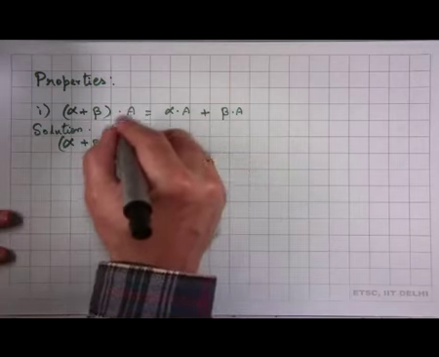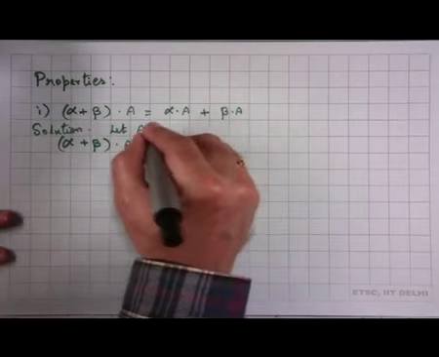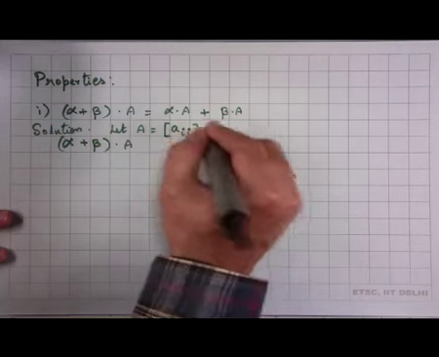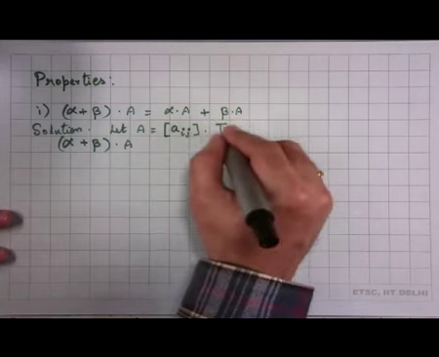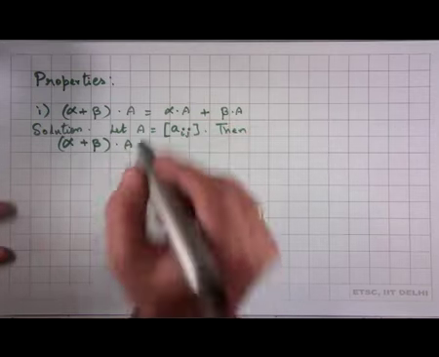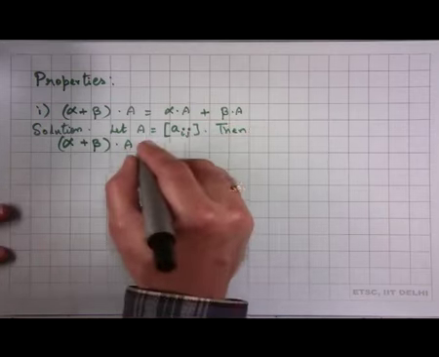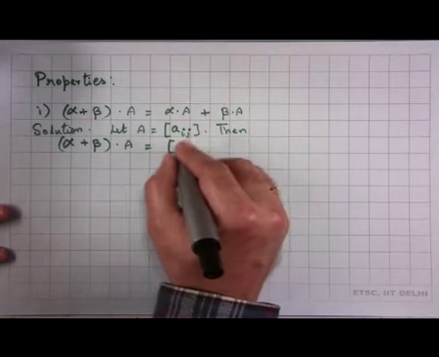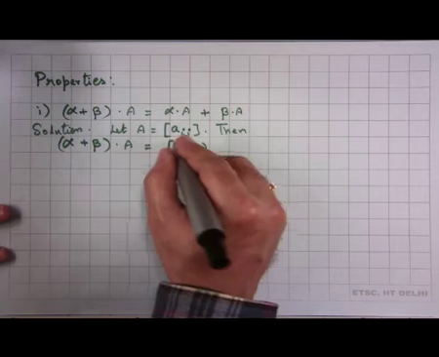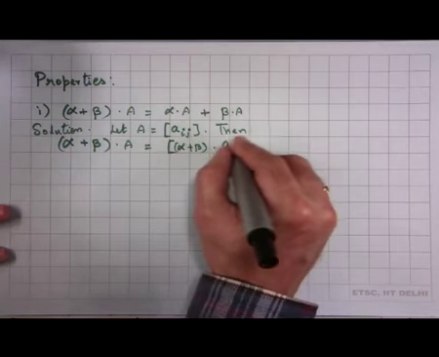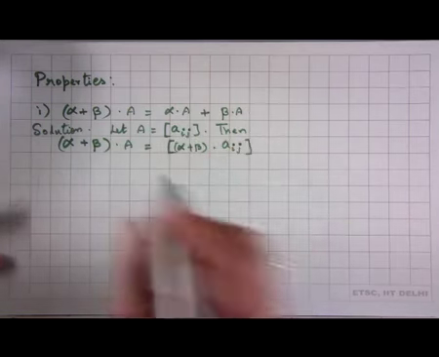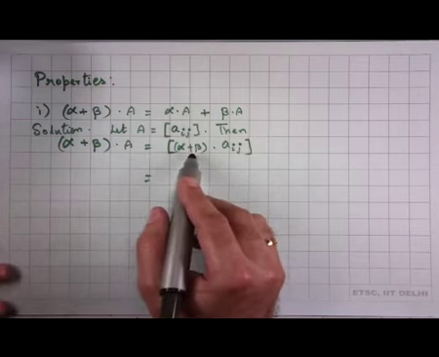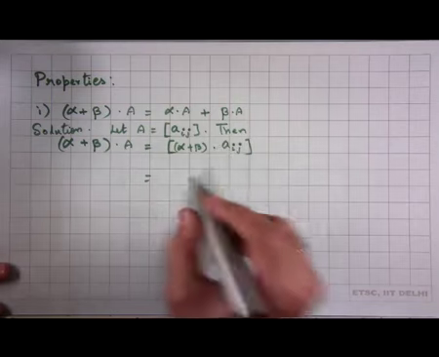Because we have the matrix, let me write the matrix A as Aij. Then by definition alpha plus beta dot A is going to be alpha plus beta dot Aij. But we know that addition and multiplication are distributive for real numbers.